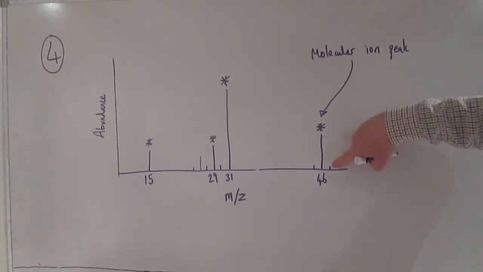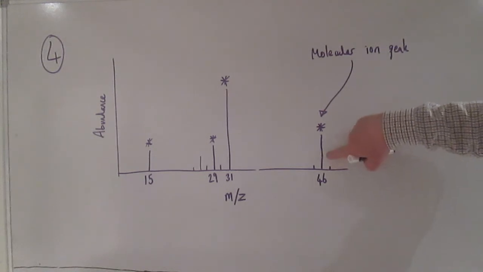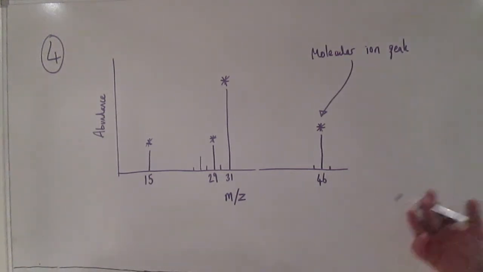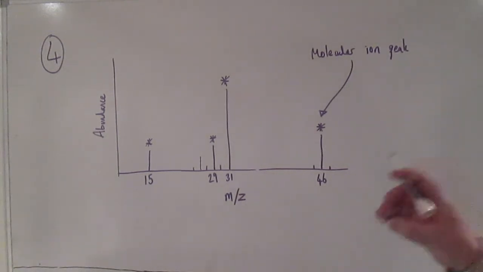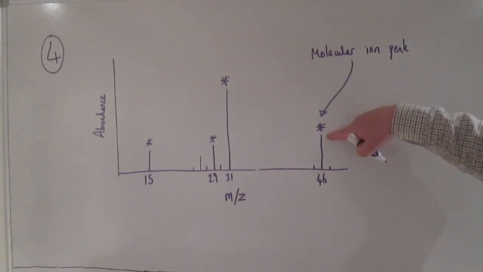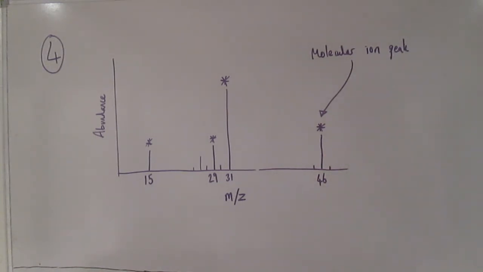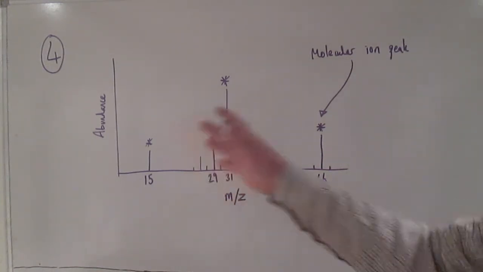There is, if you notice, a little tiny peak there with a mass unit 1 bigger than that. We'll talk about that in a minute, but that's actually not the molecular ion peak that we're interested in, or it's a type of molecular ion peak, but not the main one. So we're looking at this peak here. So that's the molecular ion peak because it's the one furthest to the right.